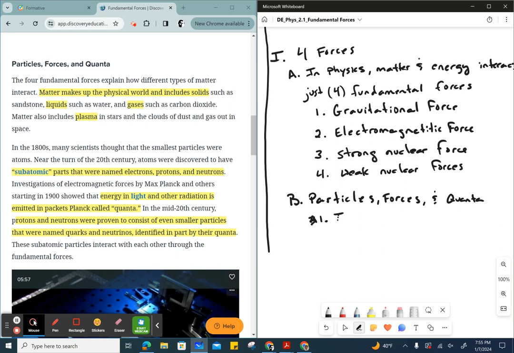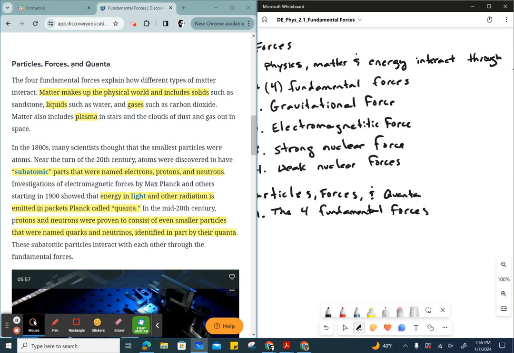The four fundamental forces explain how different types of matter interact.